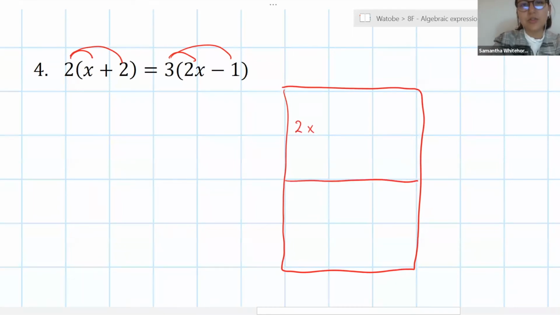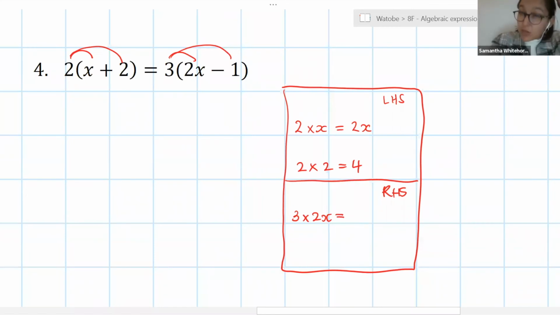So I've got 2 times x, which is 2x, and 2 times 2, which is 4. That is on the left-hand side. LHS means left-hand side. I'm just being lazy. Then on the right-hand side, RHS, I've got 3 times 2x. Now be careful here. You've got some numbers that you have to multiply and you have a variable. So 3 times 2 is 6.